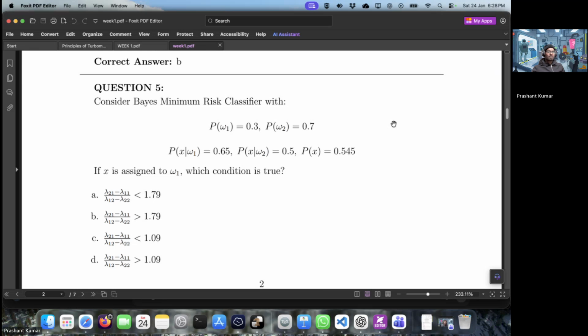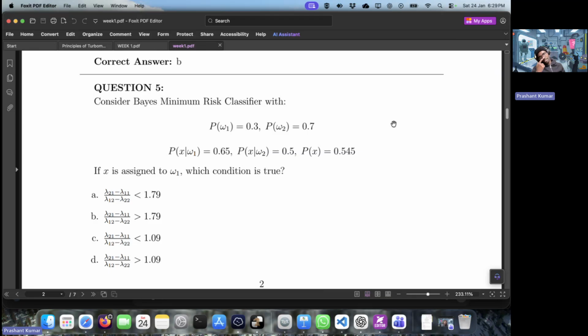We are saying that when classifying, the probability of getting W1 is highest for the given x. What condition should be true?